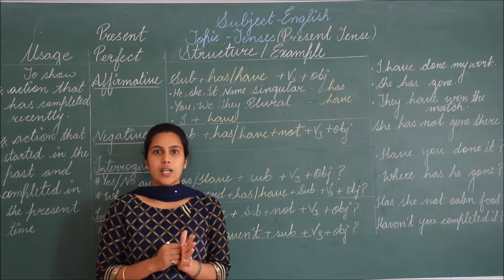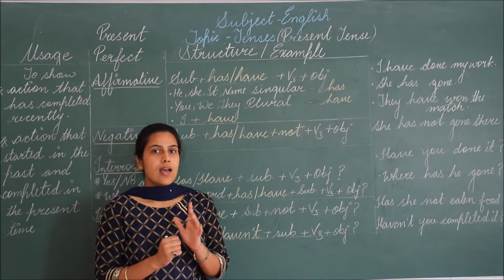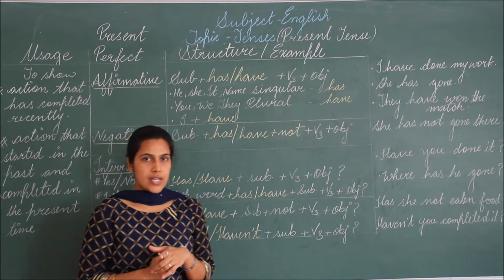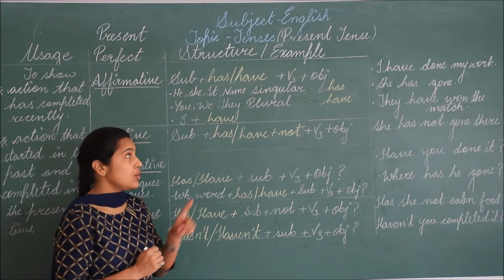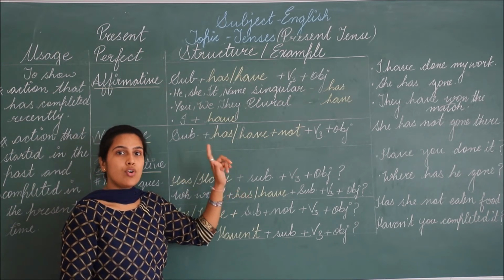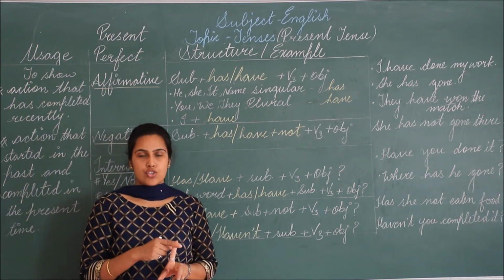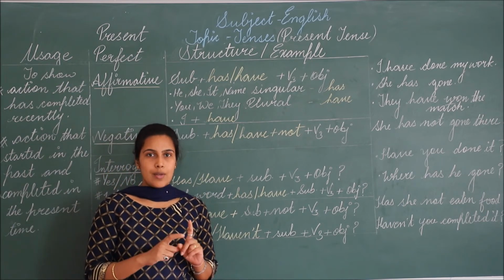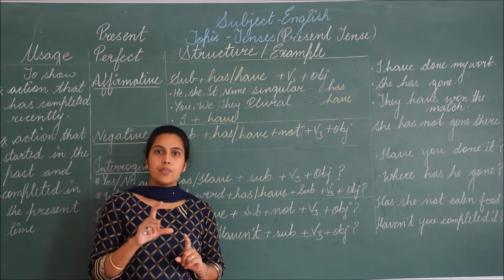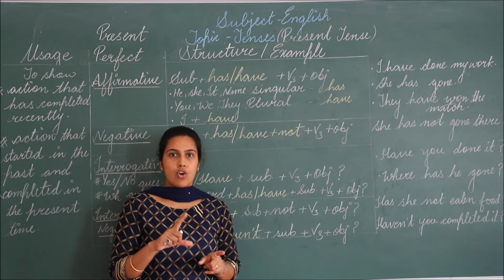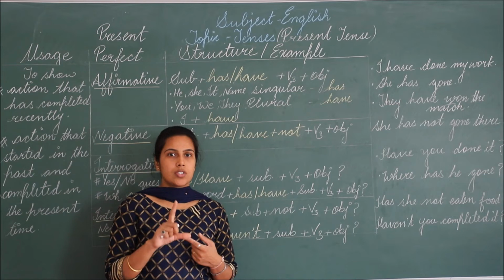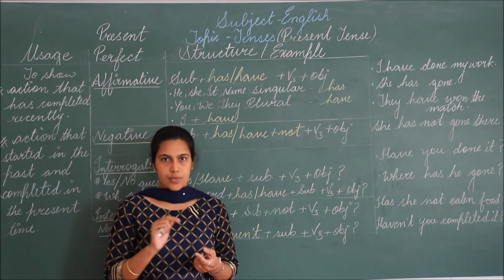So today we learned about the present perfect tense, and I told you that in present perfect tense we use the helping verb has or have, and we always use the third form of the verb. So the main identification of this tense is that the helping verb that is used in present perfect tense is has or have, and the third form of the verb is used.